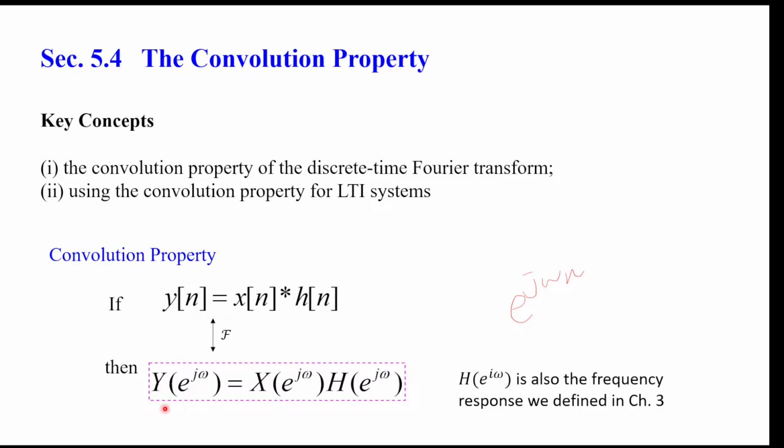And just like in chapter 4, this tells us how to calculate small h from big H. You just calculate the inverse Fourier transform on big H, then you will get your impulse response.